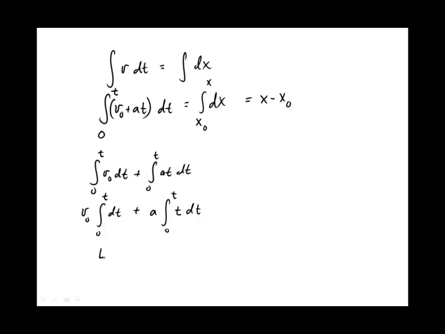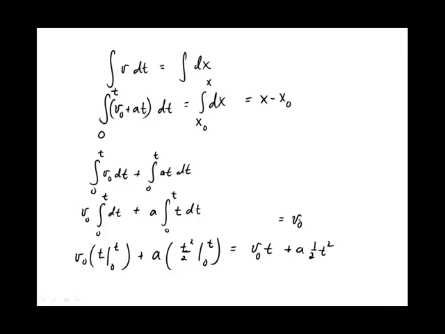The integral of dt is just t, evaluate that from 0 to t, don't forget your v naught. For a, the integral of t dt is just t squared over 2, evaluated from 0 to t. This first term is just t minus 0, so that's just v naught t. This is just 1/2 t squared minus 0, so that's a times 1/2 t squared.